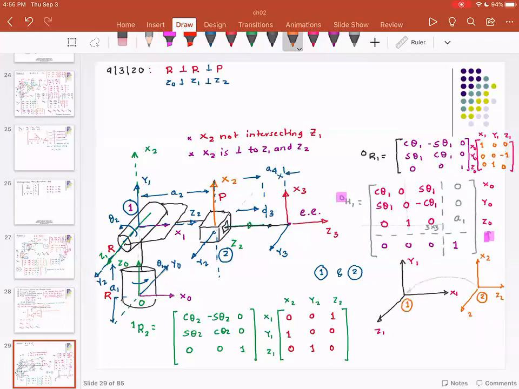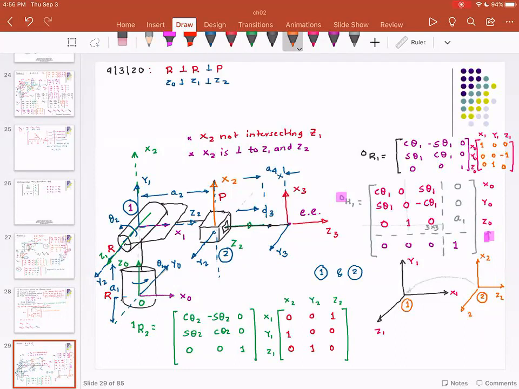And why does that need to happen? The reason is that right now these 2 frames are not satisfying 4 conditions. But recognize, as soon as I translate frame number 2 onto frame number 1, all the 4 conditions get satisfied.